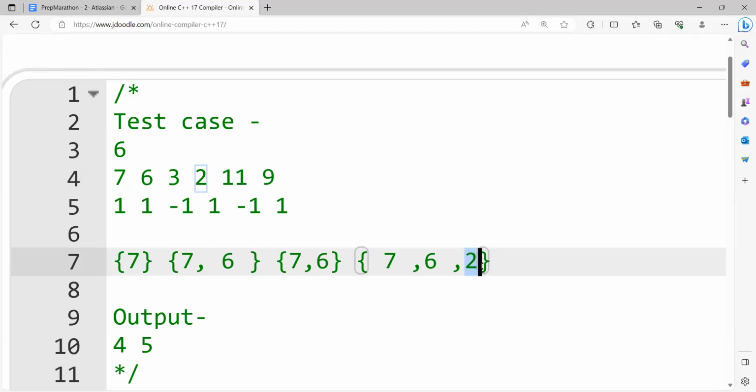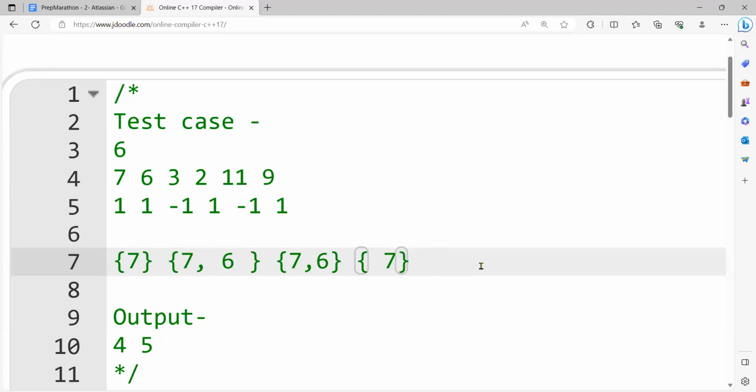Obviously, on collision, the ball moving right with 2 will be destroyed, so I will remove this. Again, the next ball is 6, which is moving in the right direction. Now I have a ball of strength 11 moving in the left direction. 6 has less power, so it will be destroyed. So 6 is also over.